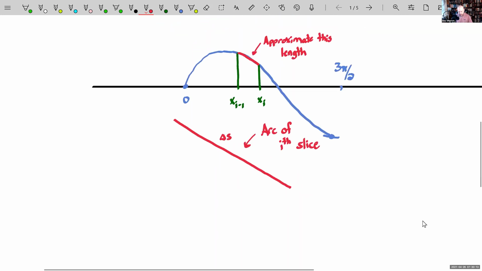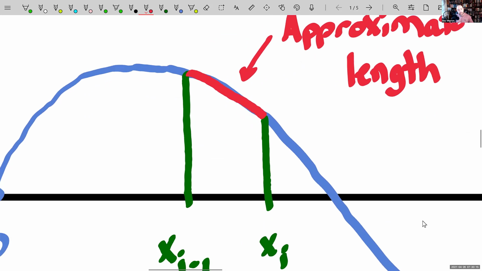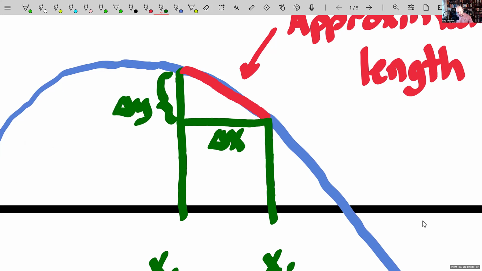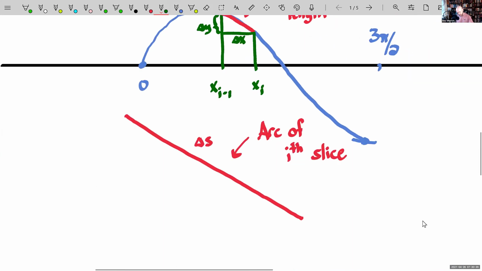And if you take a look at how we slice this up, the horizontal distance right here is actually just a wiggle in x, and the vertical distance right here is just a wiggle in y. Let me go ahead and write that in our bigger picture.